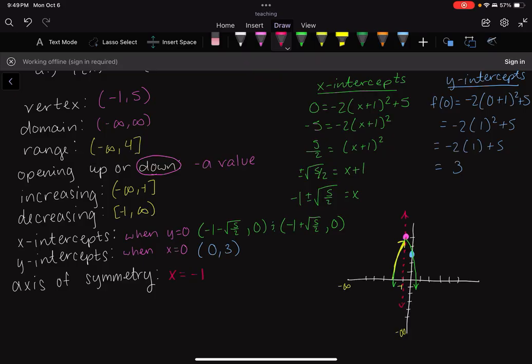It's the line, x equals -1. It's a vertical line that goes right down the middle of your parabola. And so this one was a bit ugly to work with, but that's okay. Sometimes they're like that.